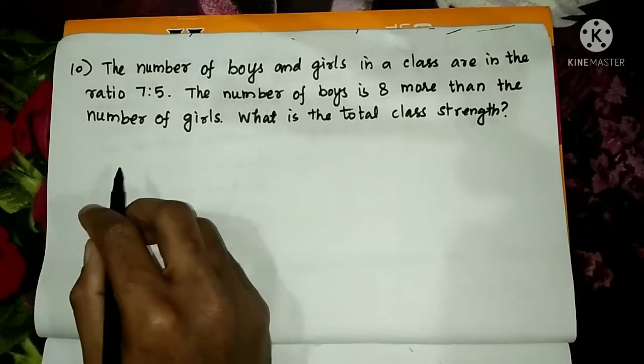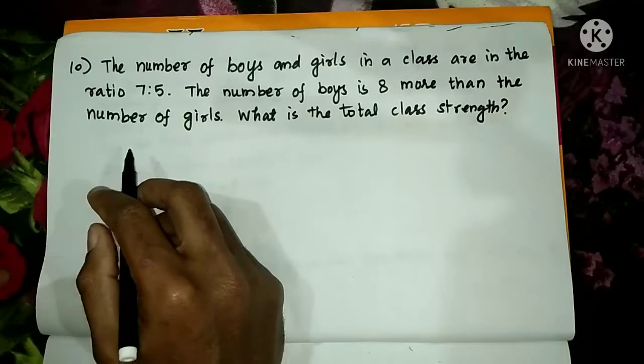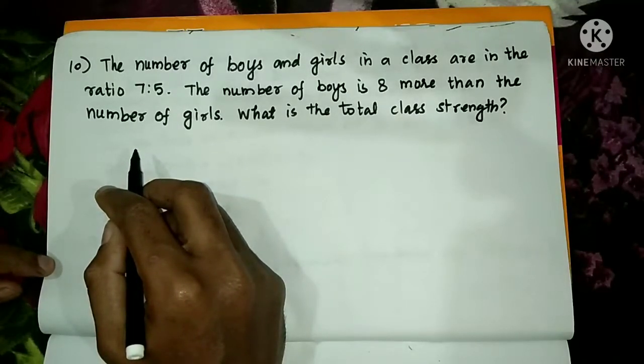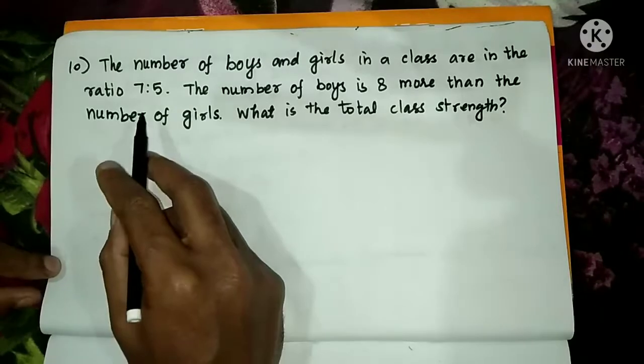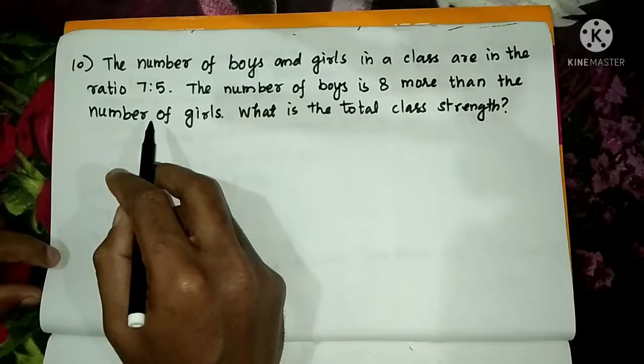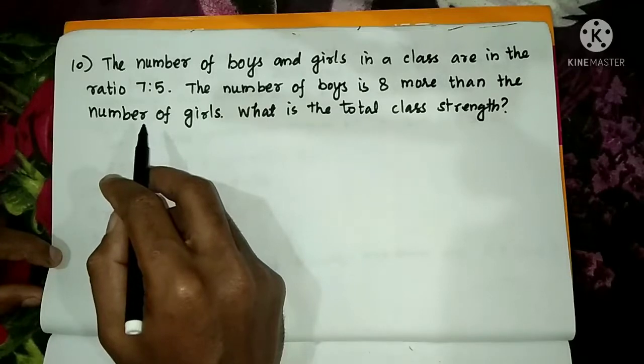Let us solve this 10th question. Number of boys and girls in a class are in the ratio 7:5. The number of boys is 8 more than the number of girls. What is the total class strength?